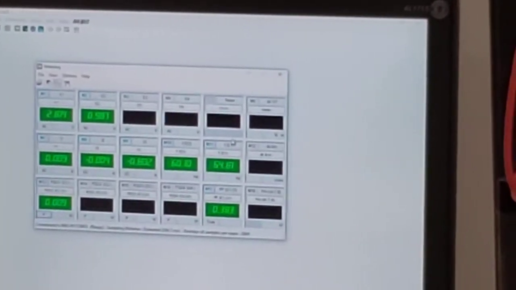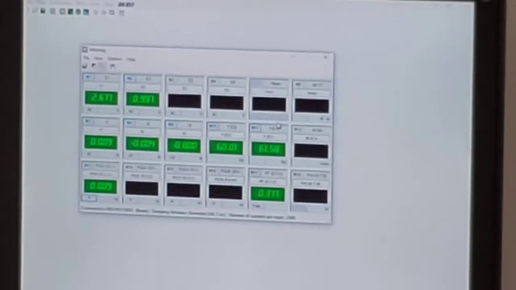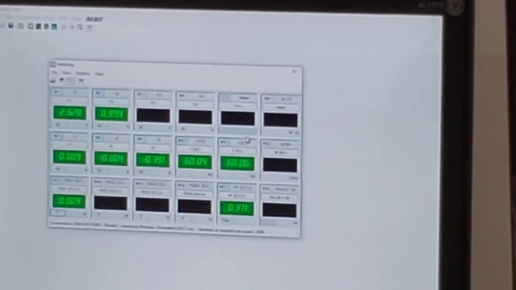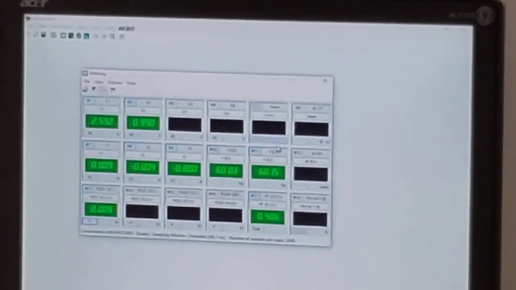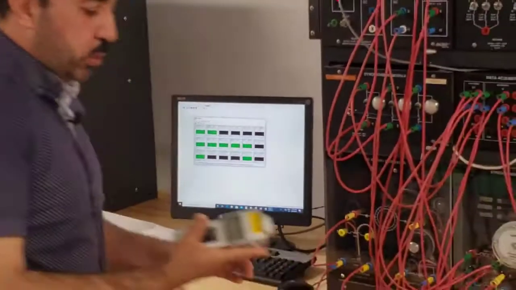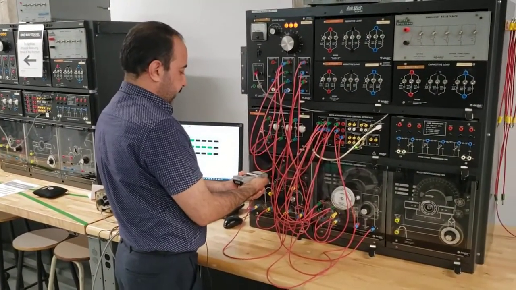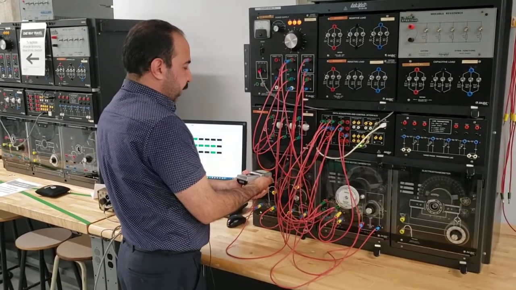I'm reducing the frequency till it became the same like the grid. I think it is almost 60 like the grid. And if you try to use the tachometer to measure the speeds, the speed is almost 1,800.